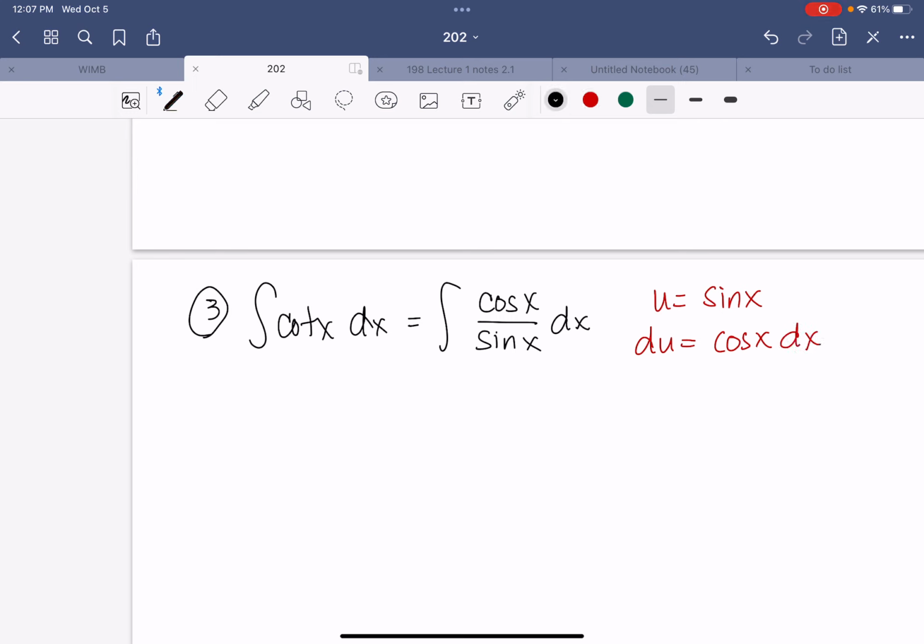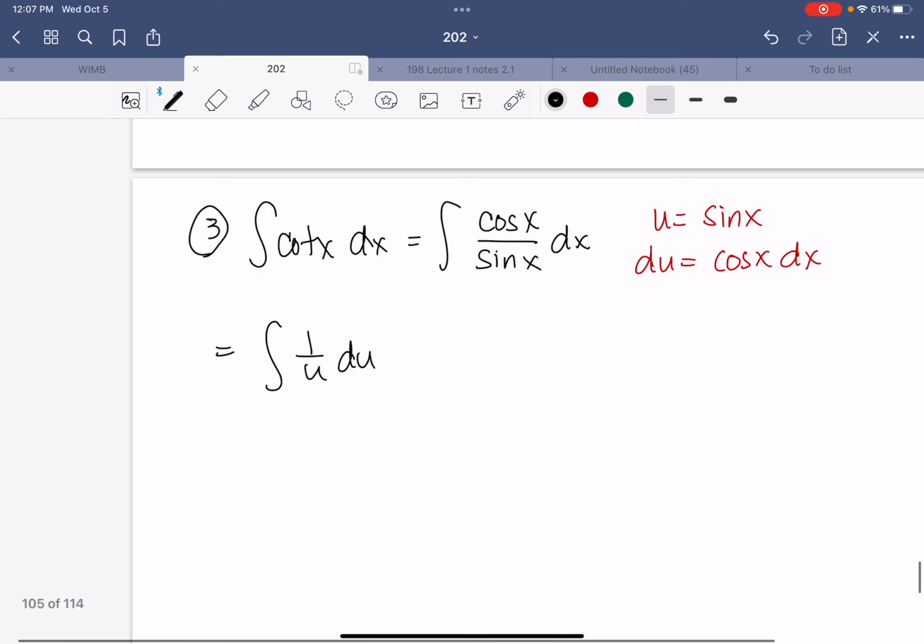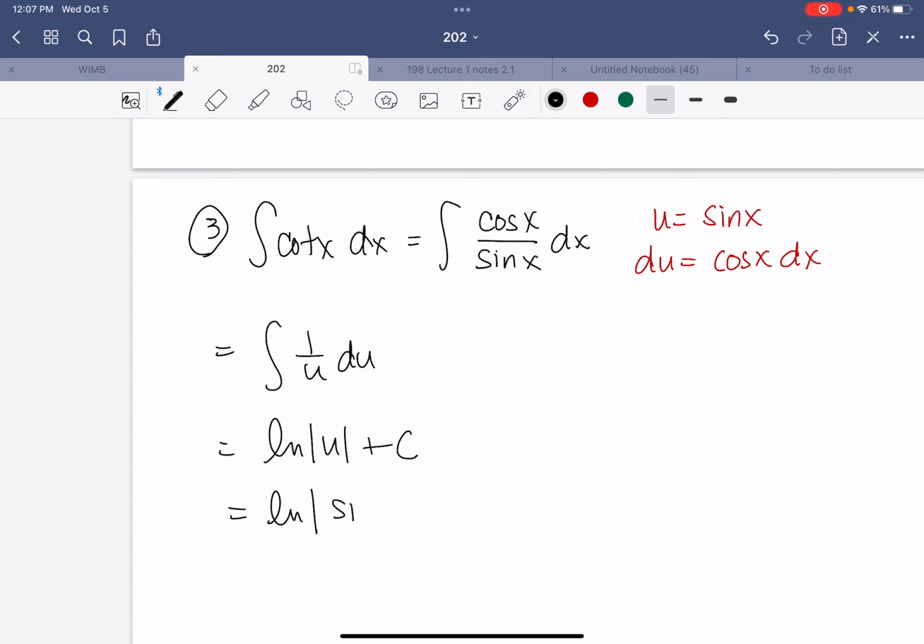So there's no negative here. We just get the integral of 1 over u du. The antiderivative here is the natural log absolute value of u plus a constant. And then we get the natural log of sine x plus a constant. Okay, and that's my antiderivative for cotangent x.